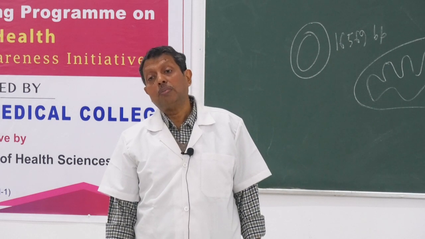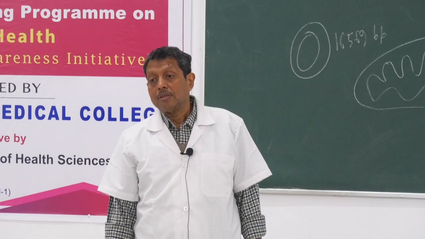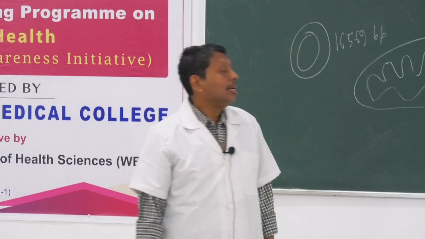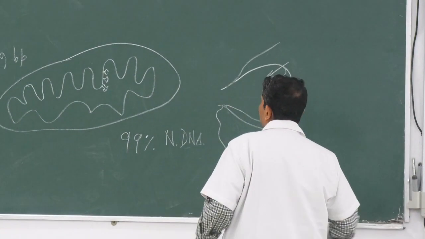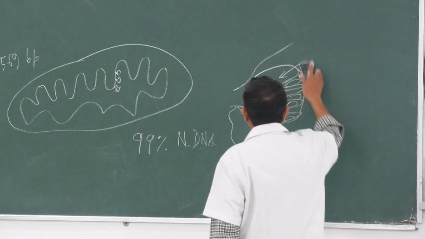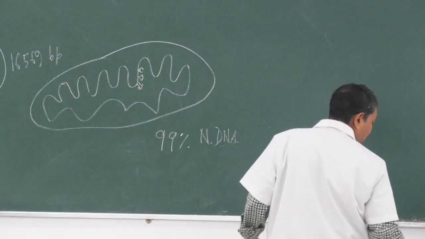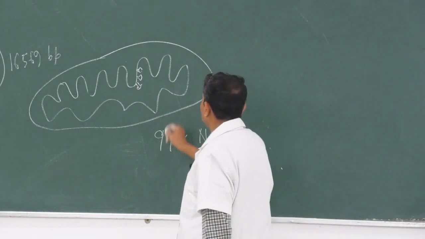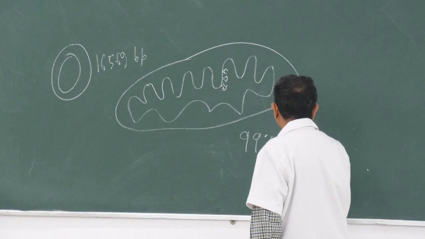13 proteins are most important. They are present in the different complexes 1, 2, 3, 4 and 5, and only 1% is mitochondrial DNA.